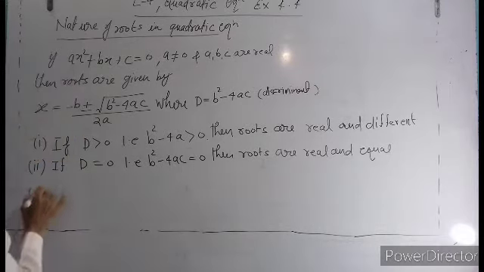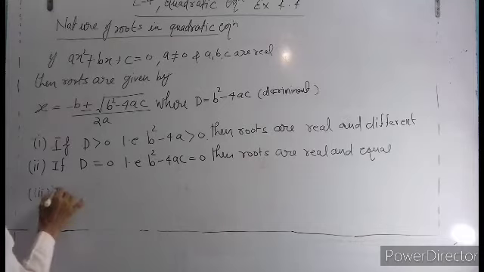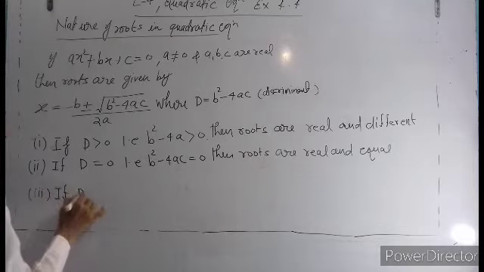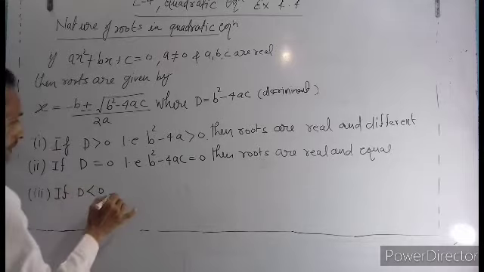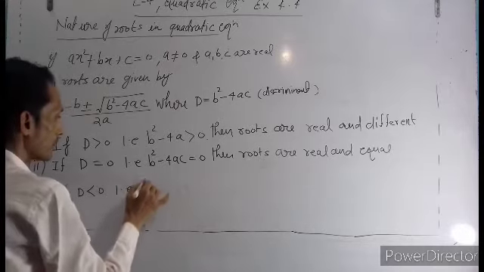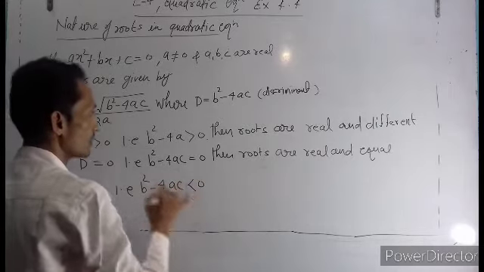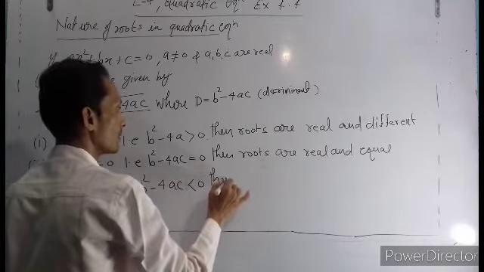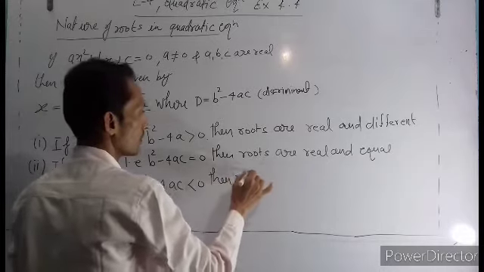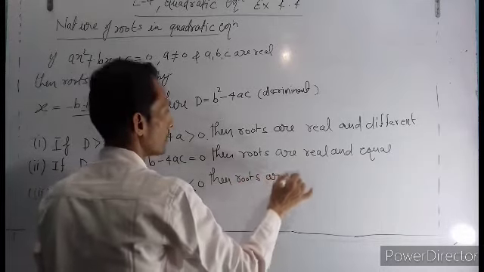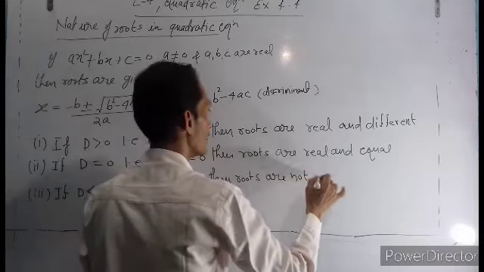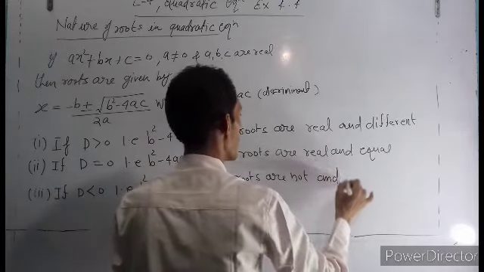The third condition is if d less than 0, it means b square minus 4ac less than 0, then the roots are not real and do not exist.